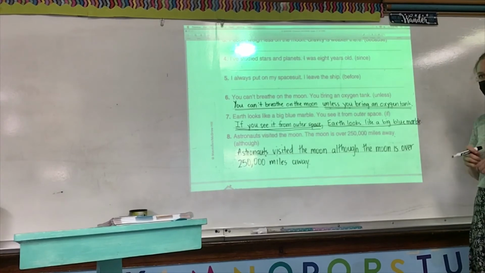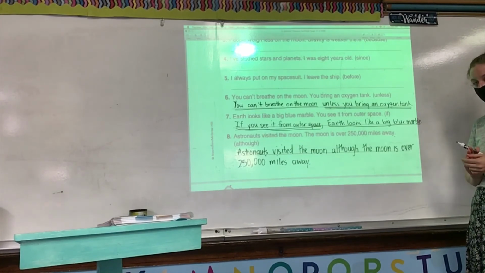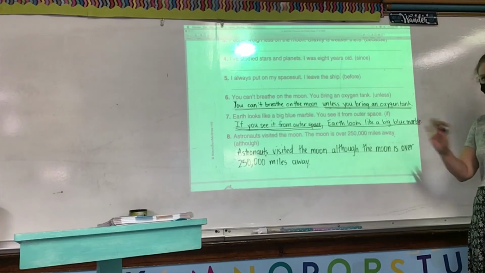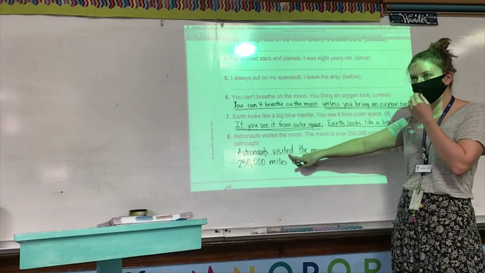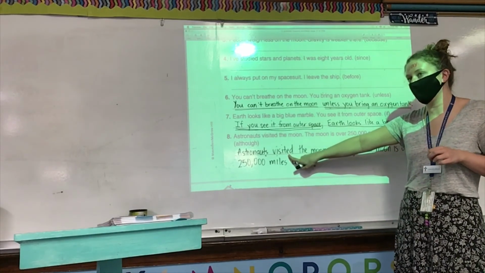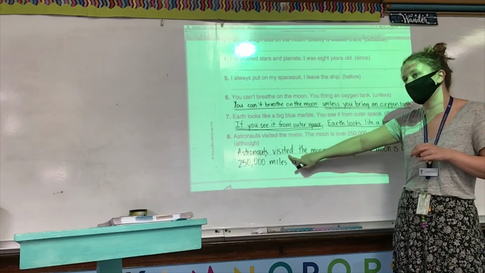Ethan, which part of that sentence is the independent clause? Which part can stand alone? It has a subject and a predicate, and it can be its own sentence if we pulled it out. Visited the moon. Do we have a subject when we say visited the moon? Do we say who or what visited the moon?